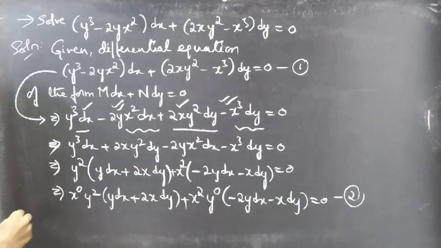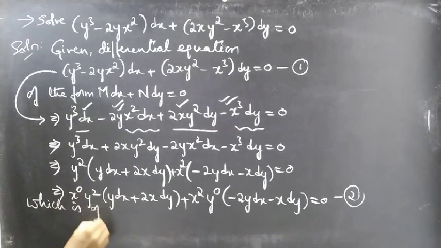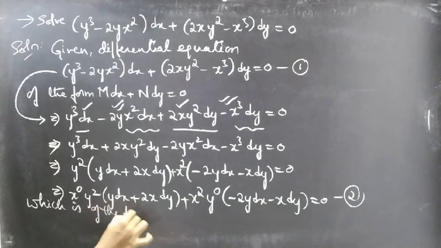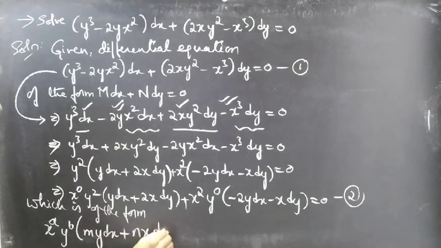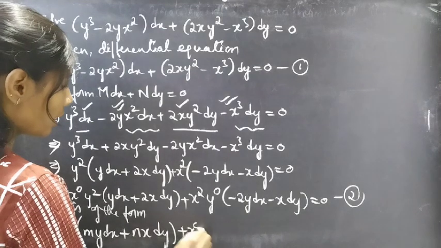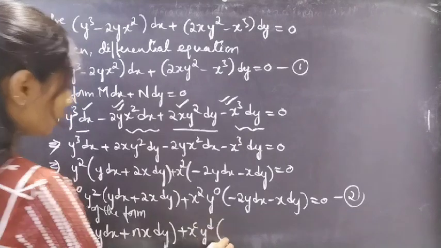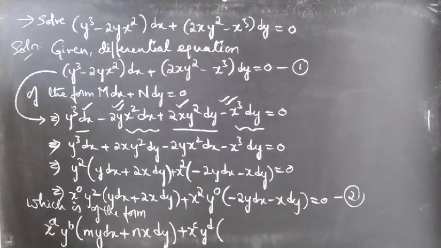which is of the form x power a y power b into (my dx plus nx dy) plus, already we have used a, b, right? Next let's take c and d. X power c y power d into, here we have taken m and n, right?